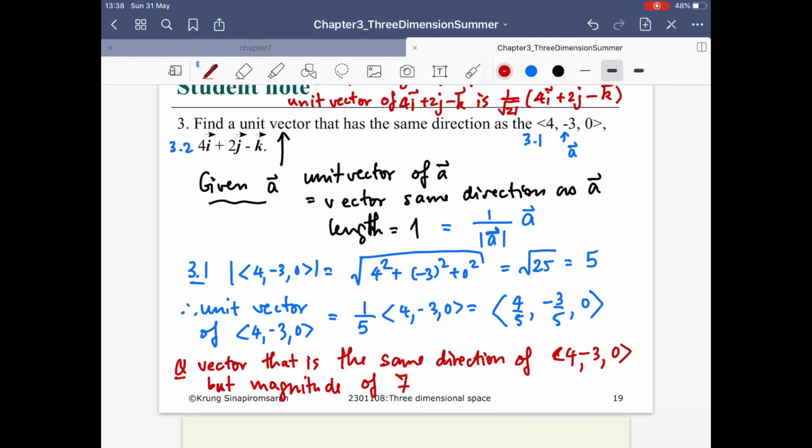So go back to your number 3.1 again, because this (4, negative 3, 0) is the same vector that they're talking about, right?